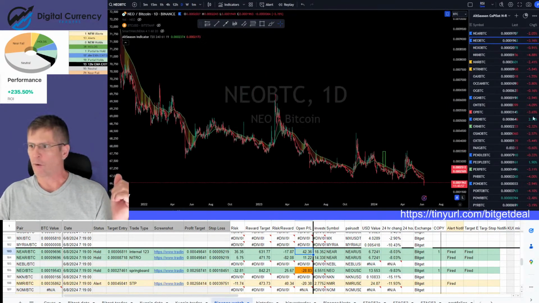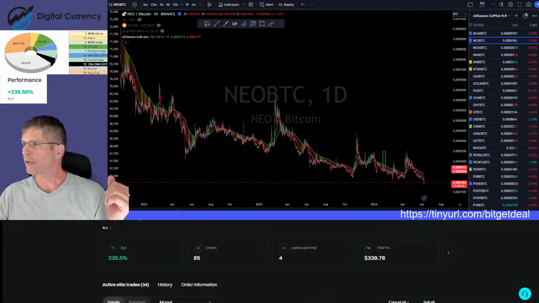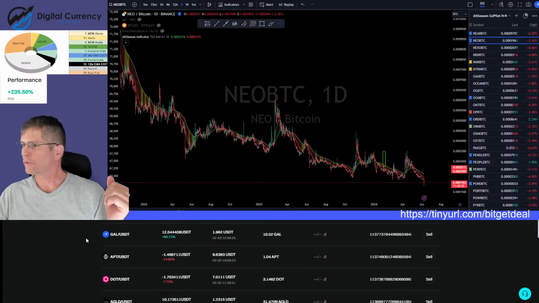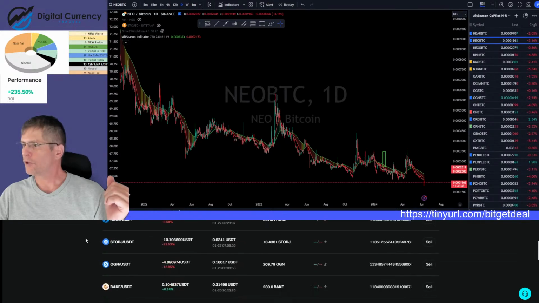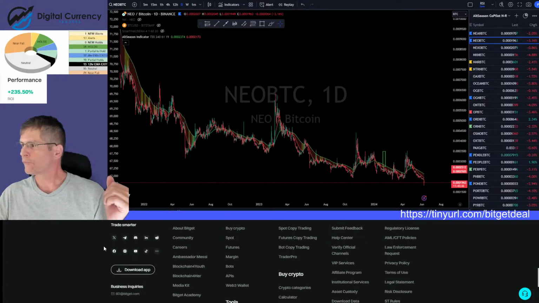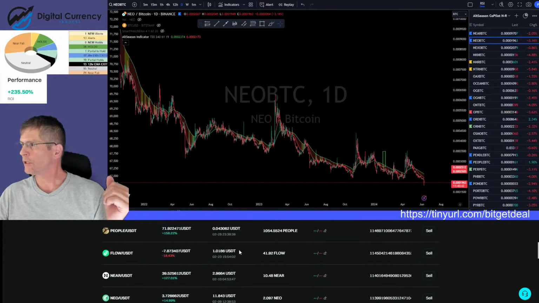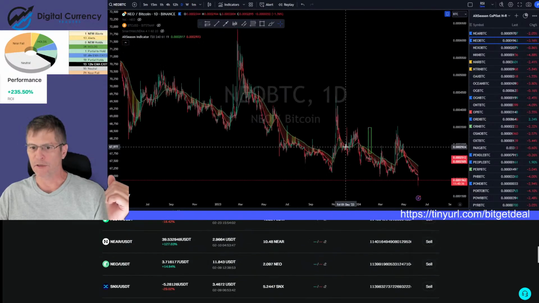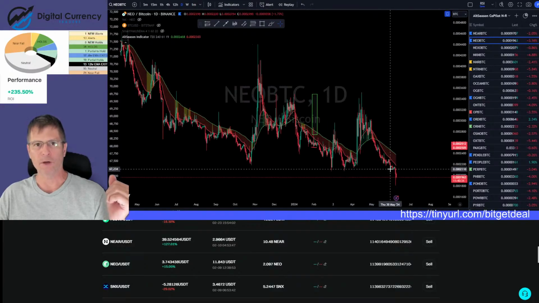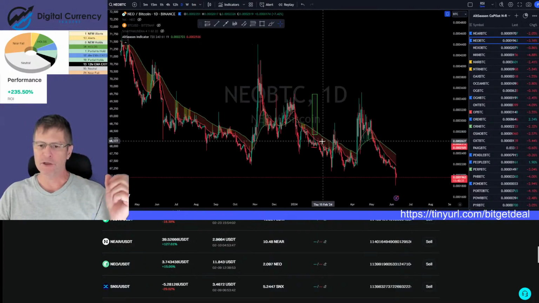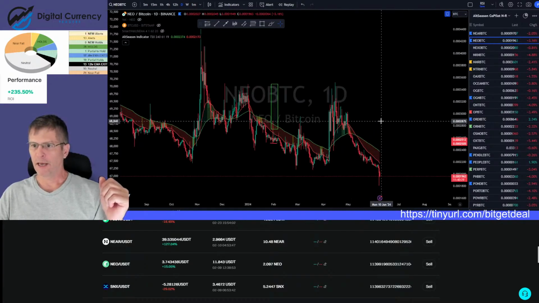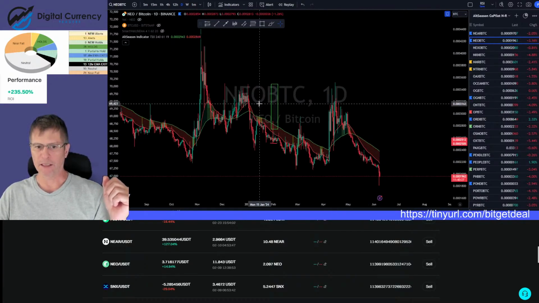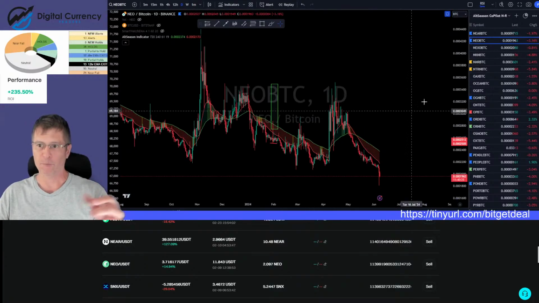One of the things about this though, as it did or did not trigger through, is that NEO is still in profit versus US dollar. So it's still up 14% versus US dollar, even though it's pulled back versus Bitcoin. So that always is a mind trap in trading. And this one I still consider a fail, and it should have been out of there. It should have been turned back into Bitcoin.